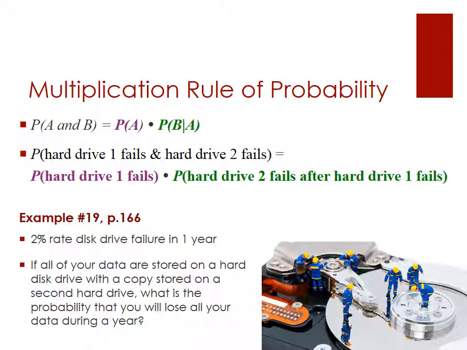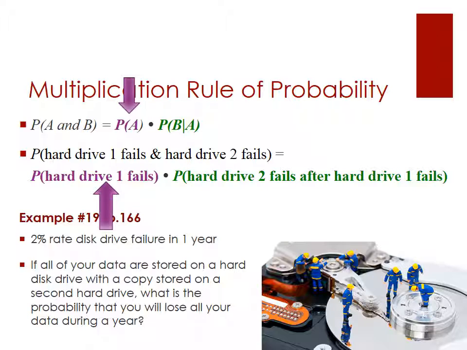This would come out to be the probability that hard drive 1 fails times the probability that hard drive 2 fails after hard drive 1 has already failed. Hopefully my spacing these out here will help you look at an example problem, such as number 19, and then see how you take those components and connect them back with the multiplication rule of probability.